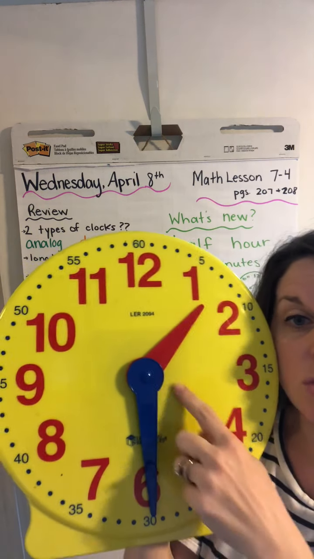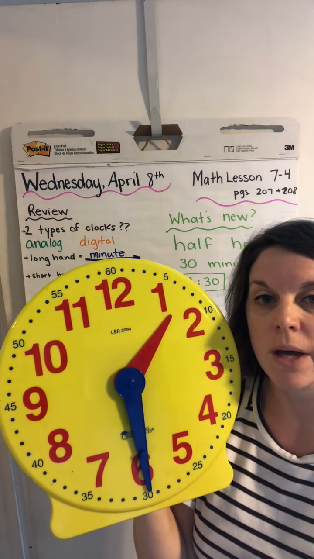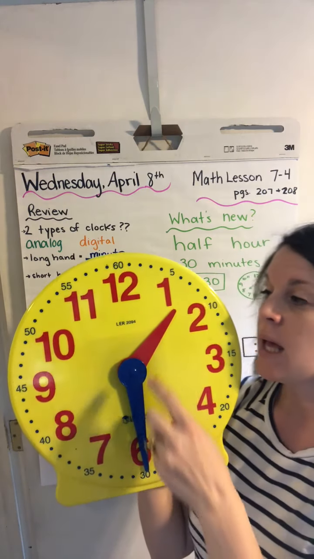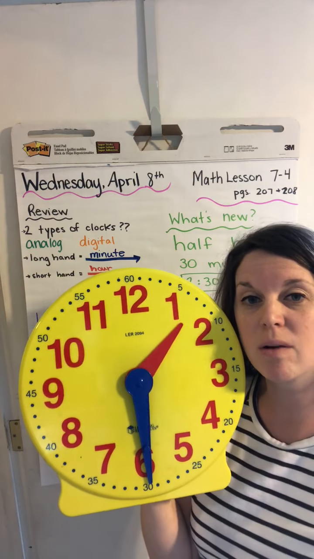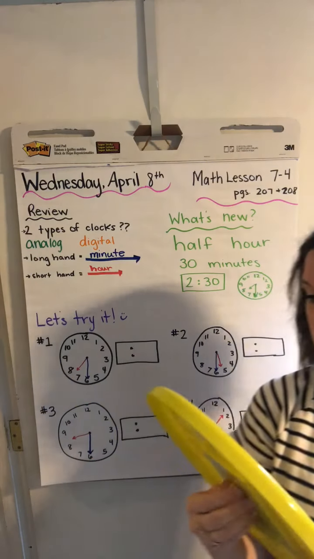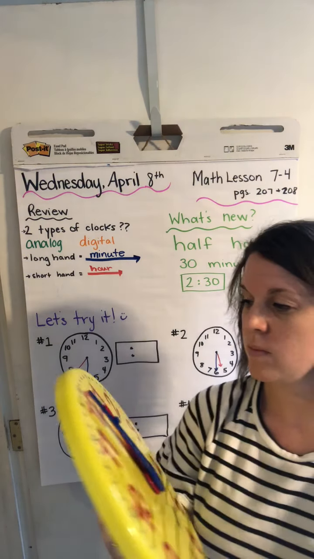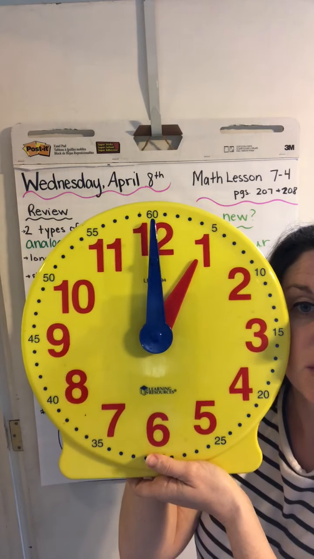Now I asked you to watch the blue hand and the blue numbers, okay? I'm gonna do it again, and I want you to watch the hour hand to see what happens to the hour hand as the blue minute hand is moving, okay? So this time we're focusing on the red hour hand, okay?